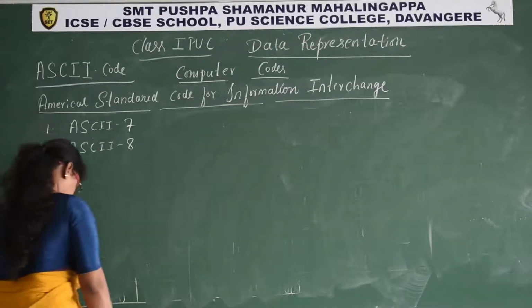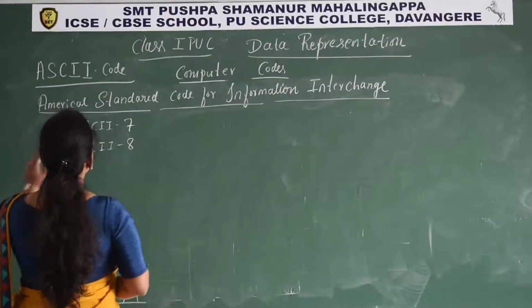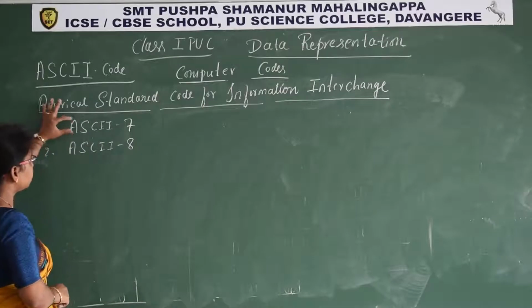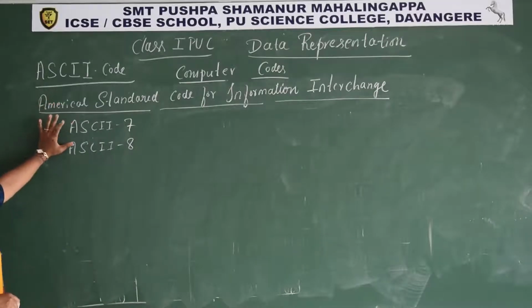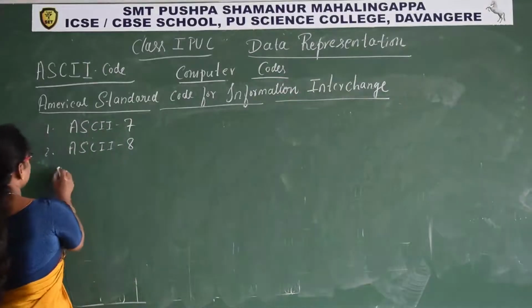Now first we need to remember the ASCII values of characters: uppercase alphabet, lowercase alphabet and digits. I'll start from uppercase.